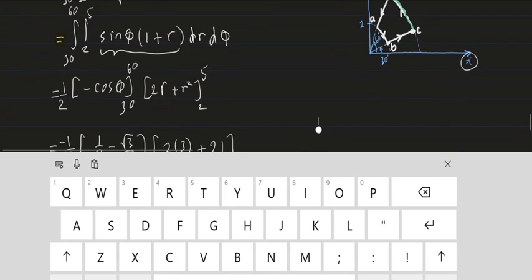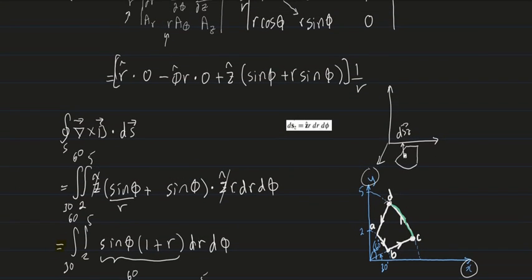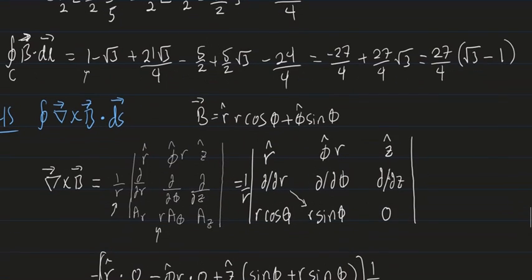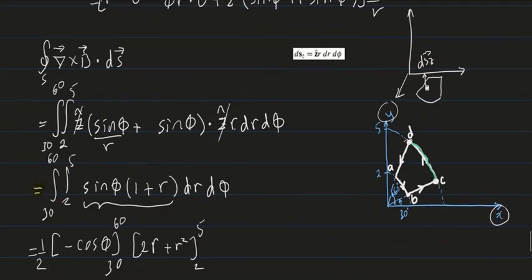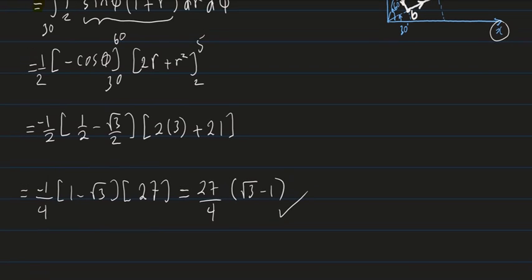And we notice that this is the same result as before. 27 over 4 square root of 3 minus 1. 27, not 24. 27 over 4 times square root of 3 minus 1. So this is correct, and hence the Stokes theorem is verified.